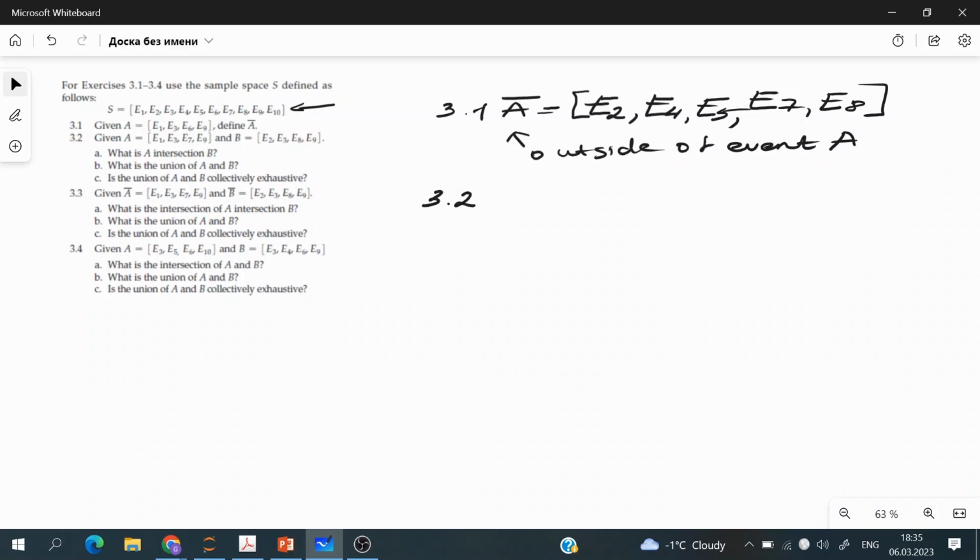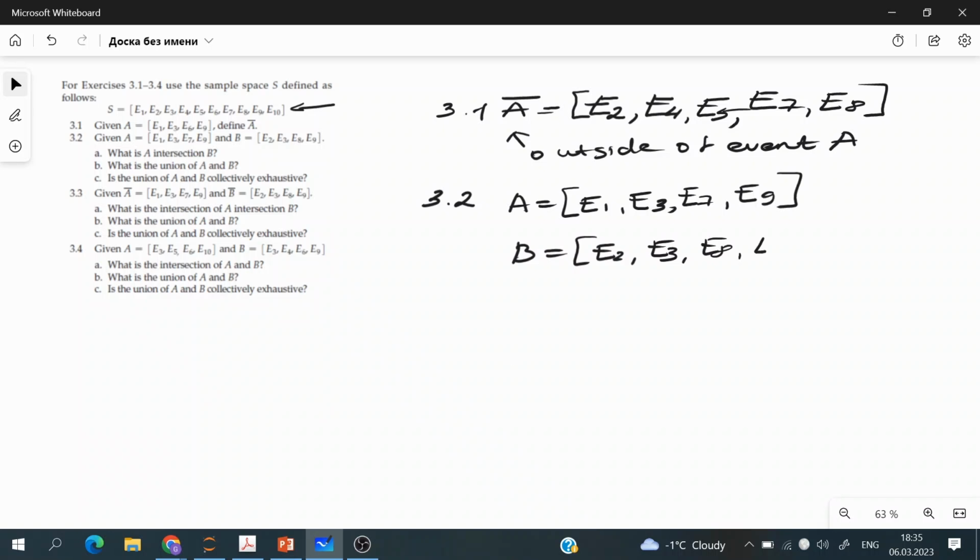Let's solve 3.2. So we are given that A consists of E1, E2, sorry, E3, E7, E9, and we're also given event B, E2, E3, E8, E9.